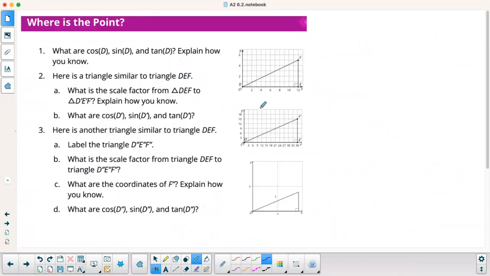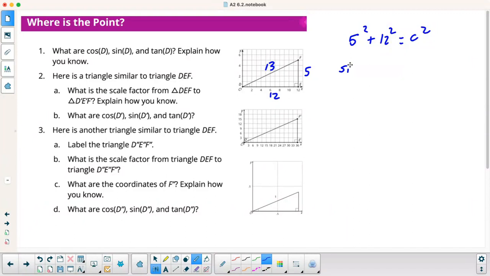All right, here's another triangle. It's in the plane. So here's angle D right there. So if I look at my grid here, this side's 5, this side's 12. So to get the hypotenuse, I would do Pythagorean's theorem, which gives me 13.